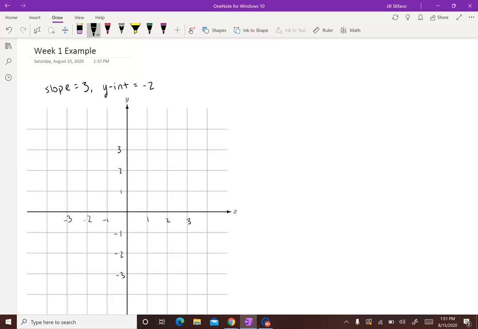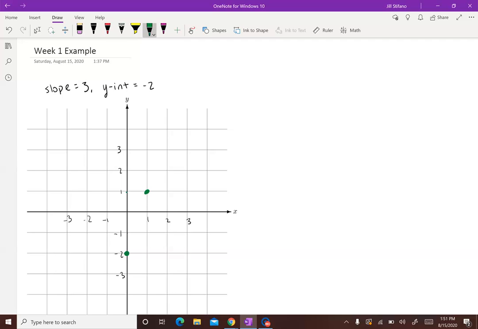To start off, we want to graph this line. So let's fill in the y-intercept at -2. And then we can use the slope to find another point. We want to count up 3, 1, 2, 3, and count over 1.